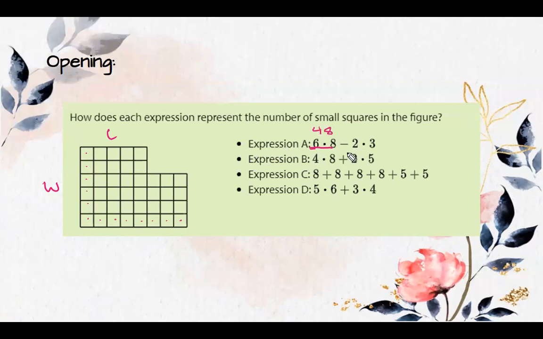Why does it say minus 2 times 3? Jose? Because of the missing right corner. So every time I have a square and parts are missing, watch how I push, what are these called? Little dash marks.